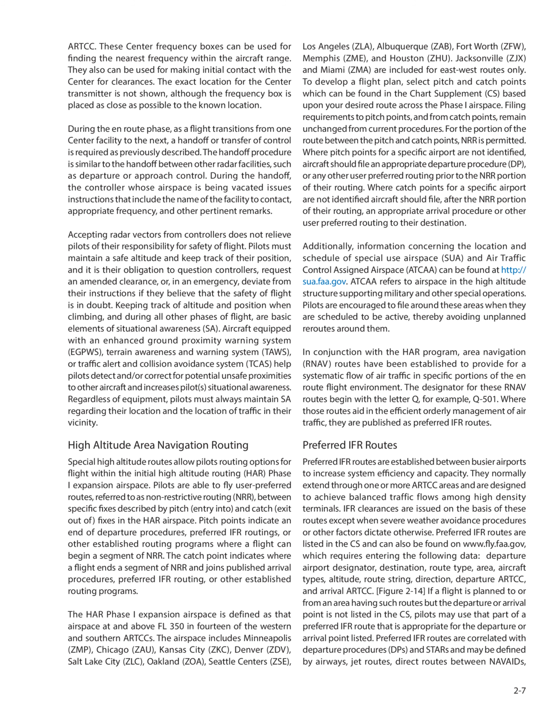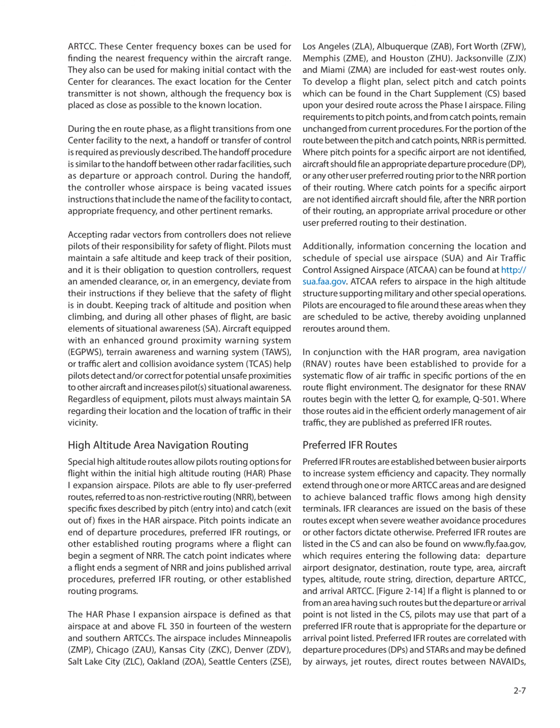Aircraft equipped with an enhanced ground proximity warning system, EGPWS, terrain awareness and warning system, TAWS, or traffic alert and collision avoidance system, TCAS, help pilots detect and/or correct for potential unsafe proximities to other aircraft and increase pilots' situational awareness. Regardless of equipment, pilots must always maintain SA regarding their location and the location of traffic in their vicinity.